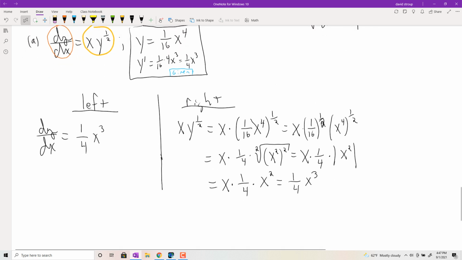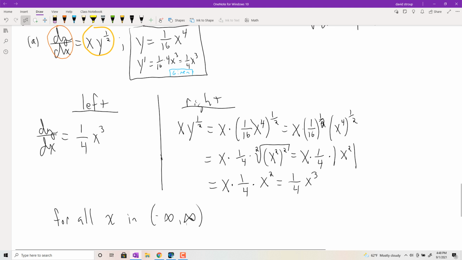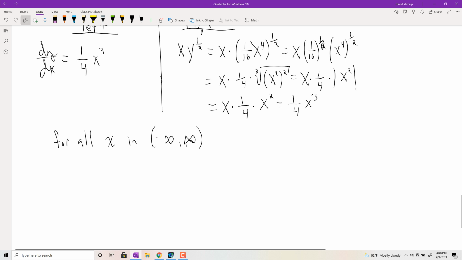Hence, it works for any real number x. So it satisfies. Let me think how I'm going to write this. This works for all x in the interval from negative infinity to infinity. Sometimes it won't satisfy. It won't work for all x. Like you'll have maybe some restriction due to division by 0 or something weird. But in this case, it worked for all.